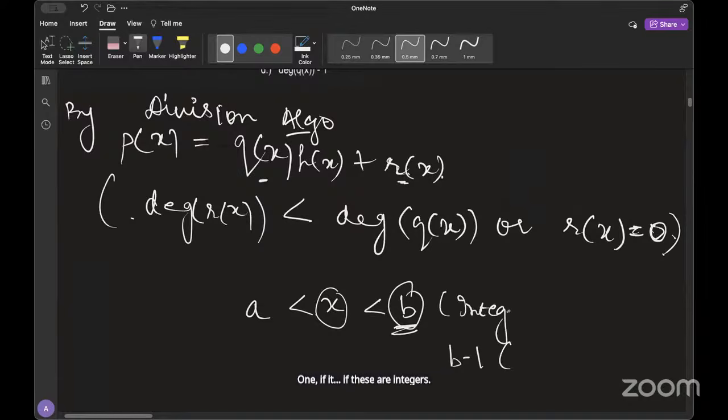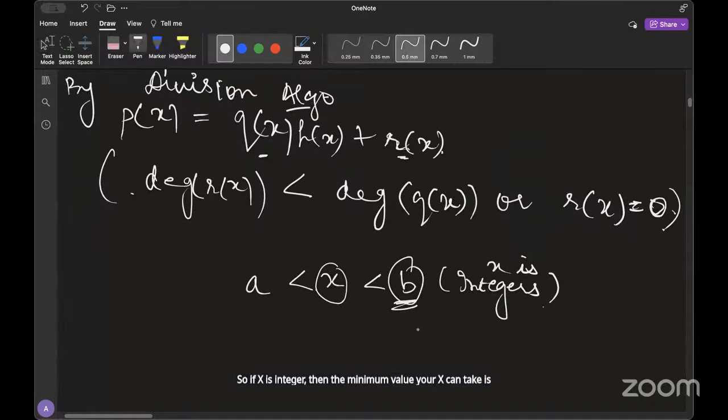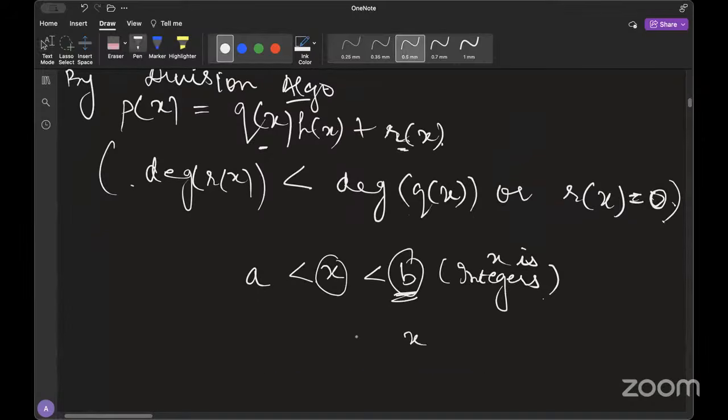Only if x is an integer. So if x is an integer, the minimum value should be a plus 1, because this is an integer, and a and b are also integers.